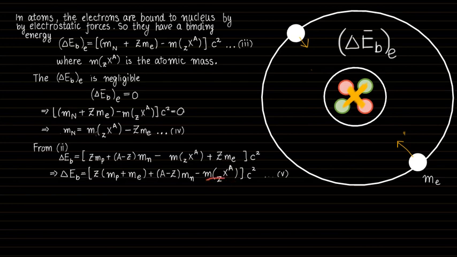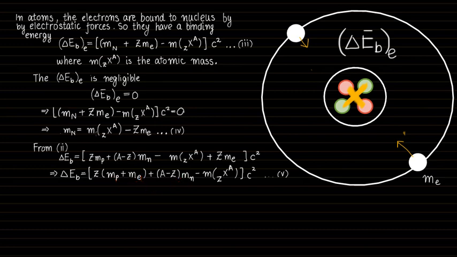Most of the time this atomic mass is given, and they give you only the number, what is the atomic number, what is the mass number. They will give you this quantity, and they will ask you to calculate the binding energy. Fine. So based on the memory, or the constants which they will give in the question, like the mass of the proton is a constant, mass of an electron is a constant, mass of a neutron is a constant, these constant values will be given as well.